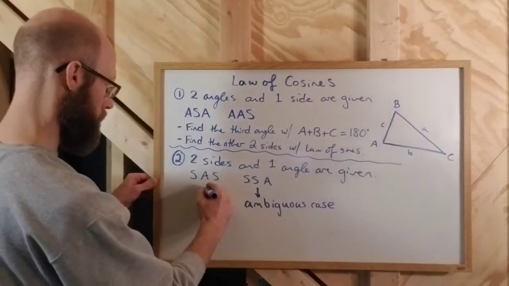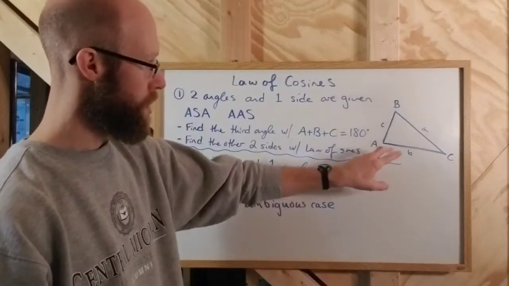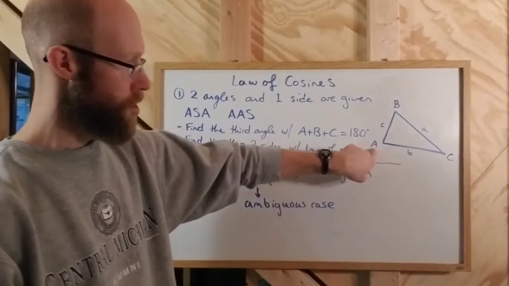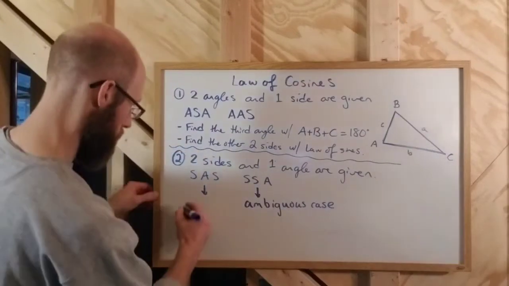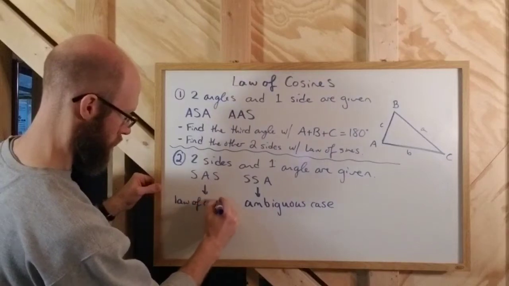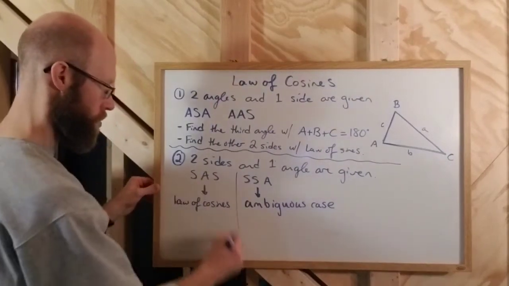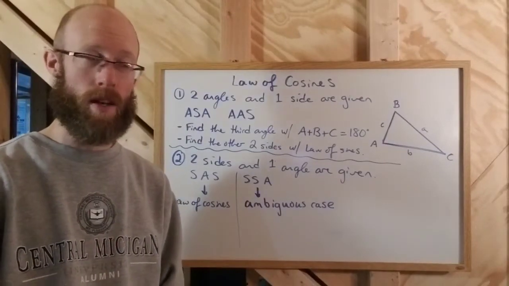And the other one here, the side angle side, so that would be two sides and the included angle, that's the case where we use the law of cosines. So we have now these two different scenarios with two sides given.